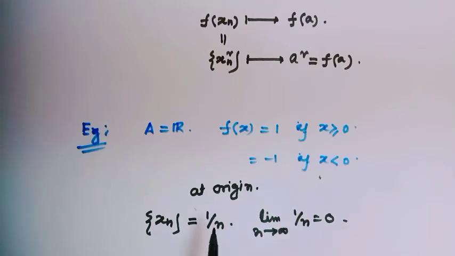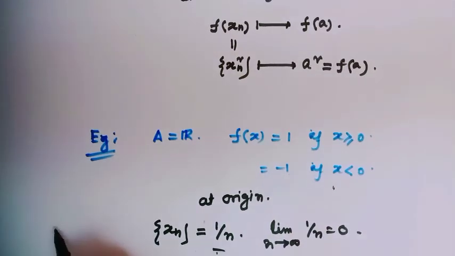Why do I consider this sequence? Because I want to check the continuity at the point origin. And all of us know 1 over n tends to 0. So I have chosen this sequence.